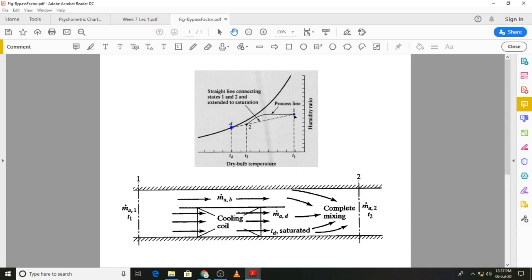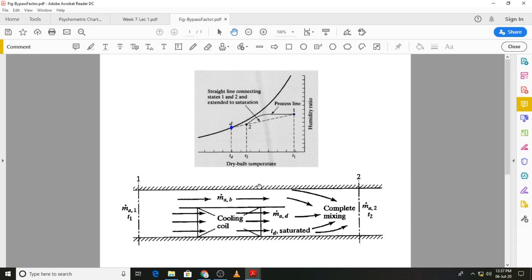That means that although the actual process line is shown by this solid line over here, the state point 2 we can still obtain. That is what we are more interested in, the end point of the state, that can be obtained by applying the concept of bypass in the cooling coil.